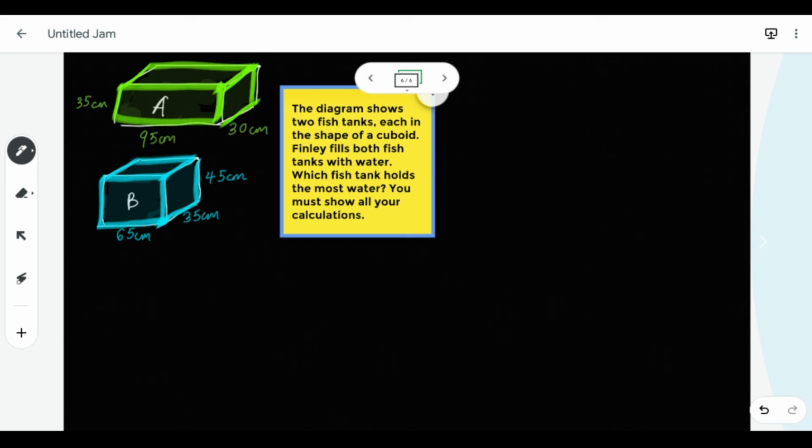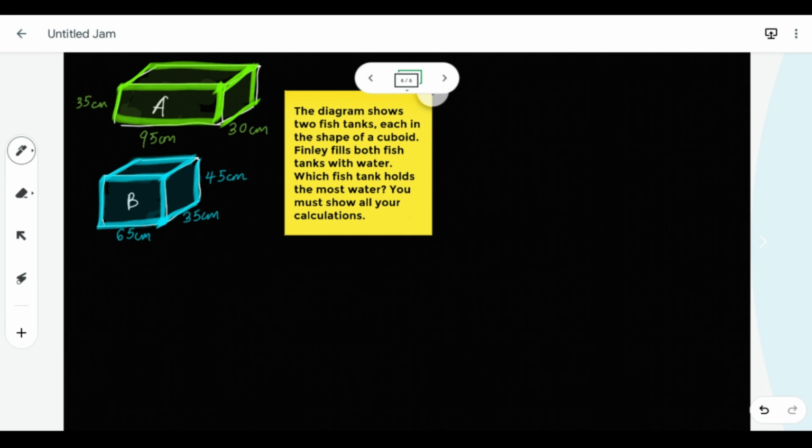Now, to calculate the volume of each, it's very important with questions like these to read the text properly. It's less to do with the numbers that you need to input in the formula and more to realise what's going on and to determine what formulas you need to use and what the question is actually asking from you.